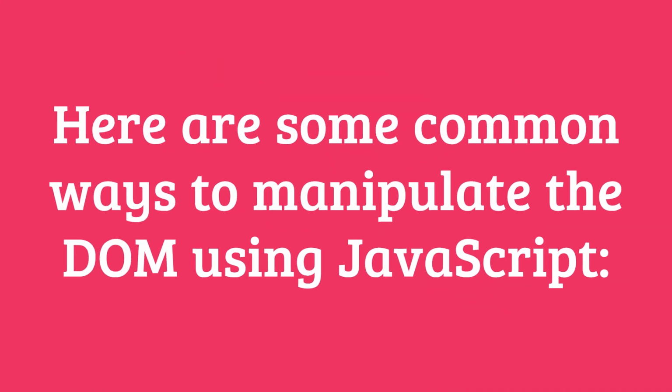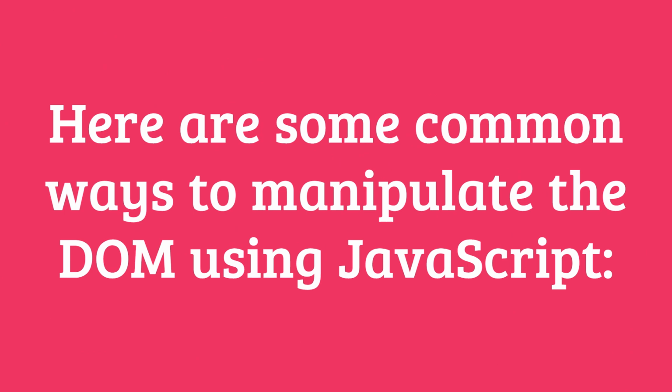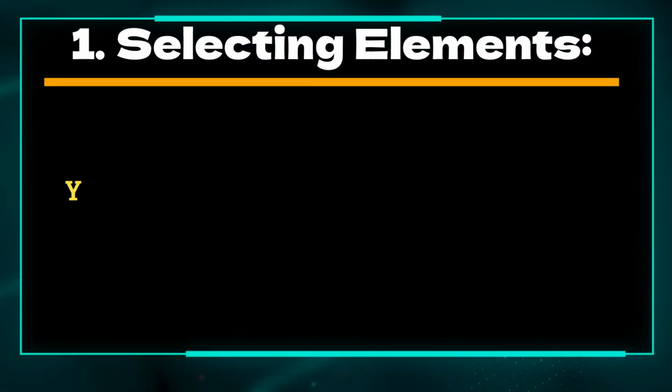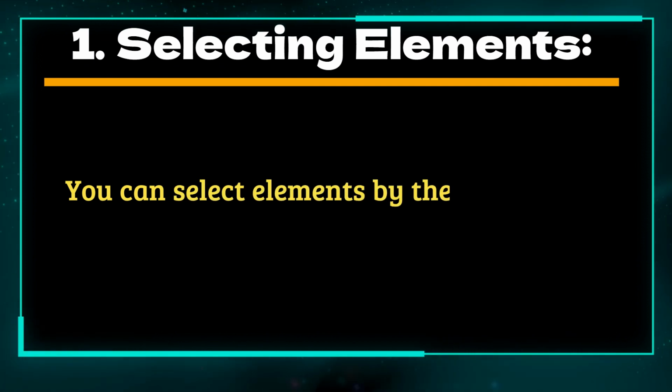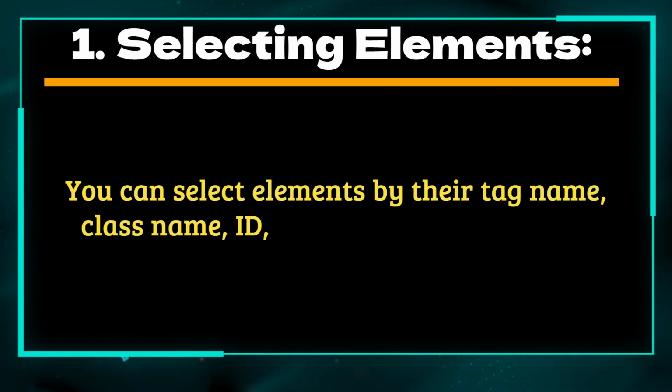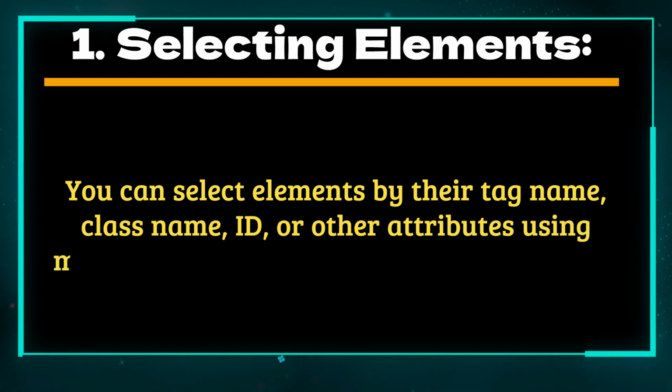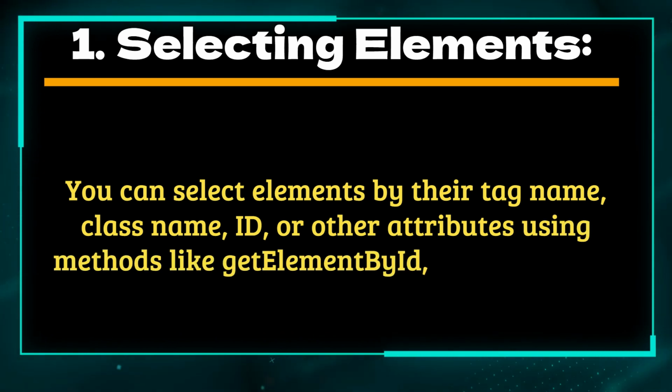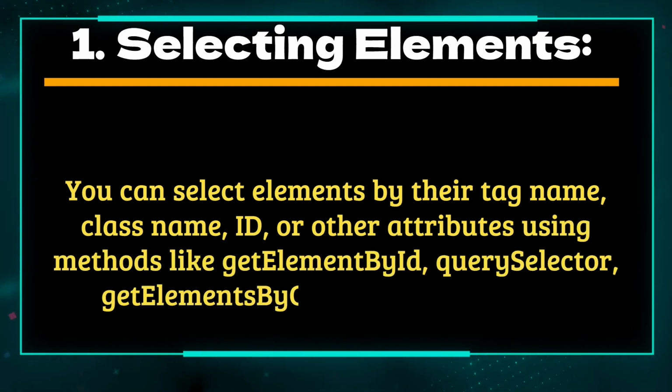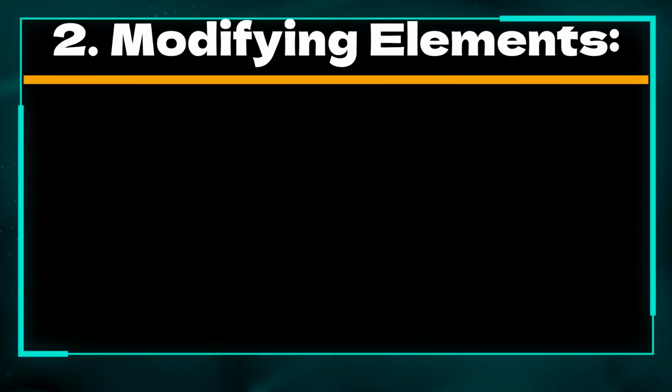Here are some common ways to manipulate the DOM using JavaScript. 1. Selecting elements. You can select elements by their tag name, class name, ID, or other attributes using methods like getElementById, querySelector, getElementsByClassName, and more. 2. Modifying elements.